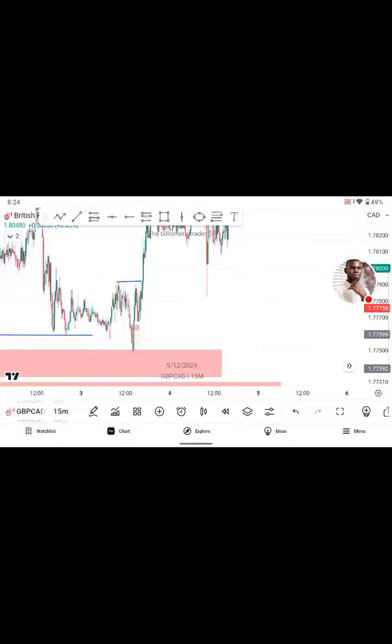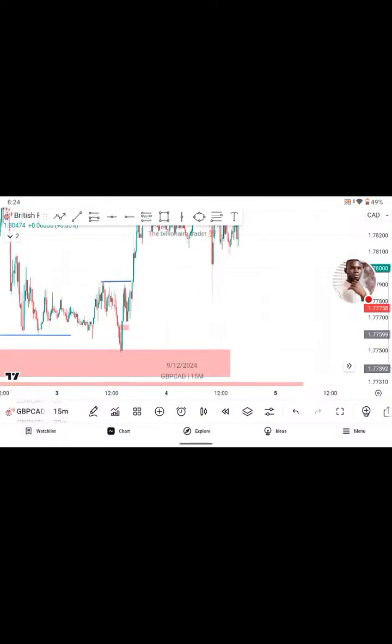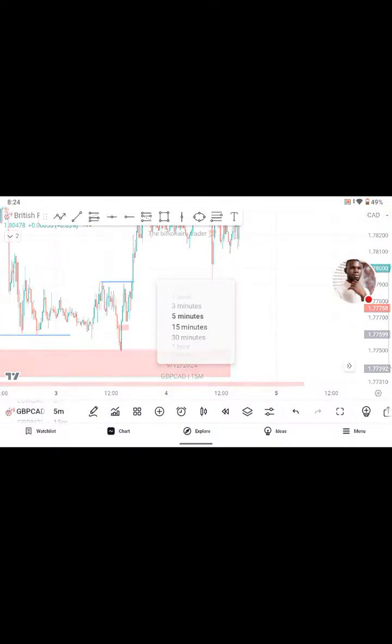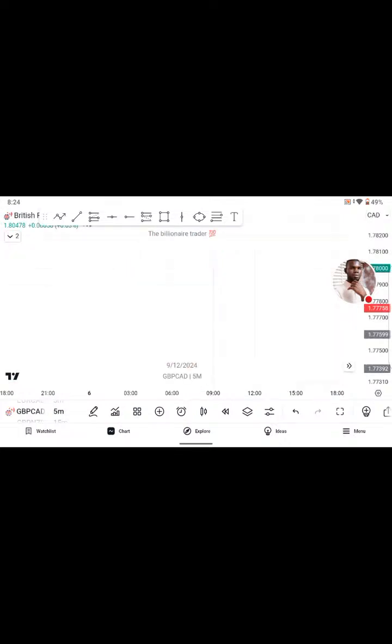Okay, this is 15-minute time frame. You can see, I expected that price should take out this high, then pull back. That was what I was expecting on 15-minute time frame. But on 5 minutes time frame, we have different reaction.